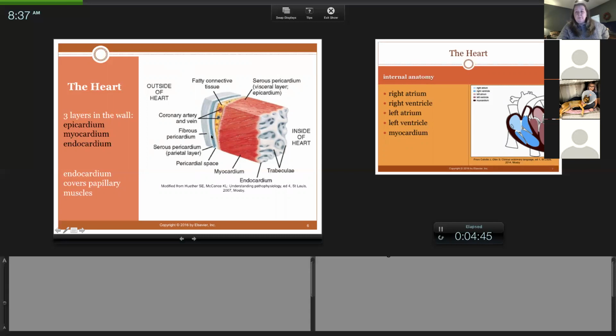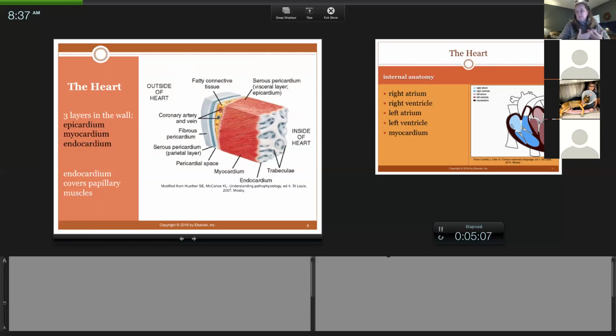Okay, now nobody usually asks me this question, but I sometimes get it in class, because if you remember, I talked about pericardial effusion. An effusion is when there's an abnormal buildup of fluid in a space. Effusion alone doesn't tell you much, you have to tell me where the effusion is. Pericardial effusion is effusion around the heart.